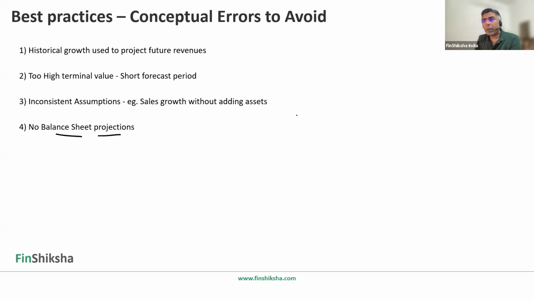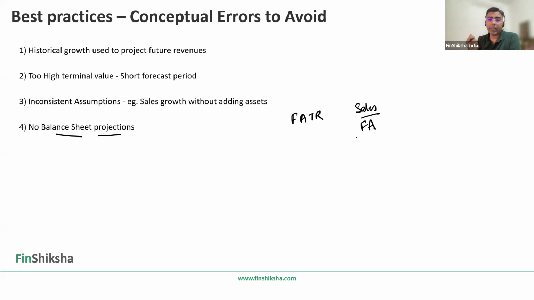So your fixed asset turnover ratio, which is sales upon fixed assets, will start going all over the place. It'll suddenly start increasing as against historical trends. That's a simple inconsistency that you can capture, but you'll only capture it if you've linked everything together. If you're projecting data points separately, then it won't work.